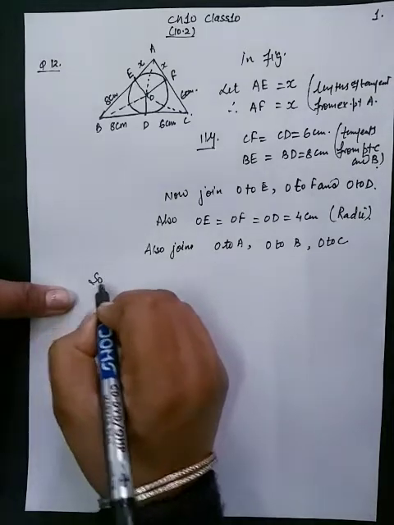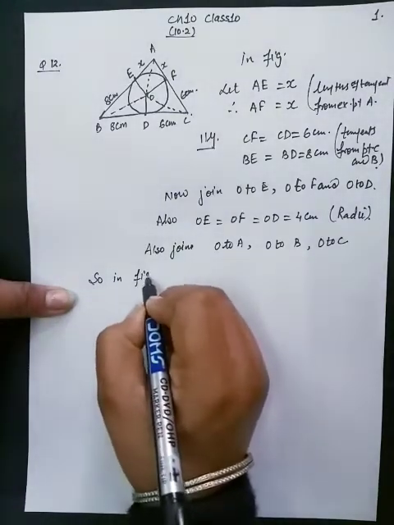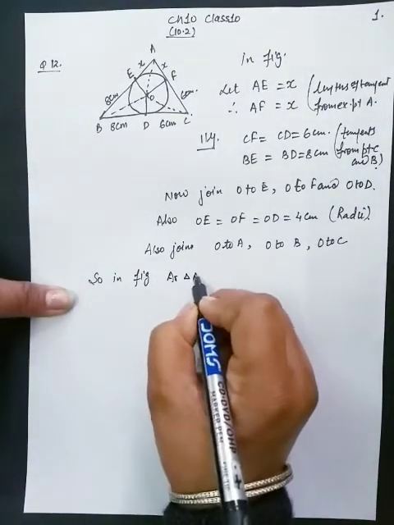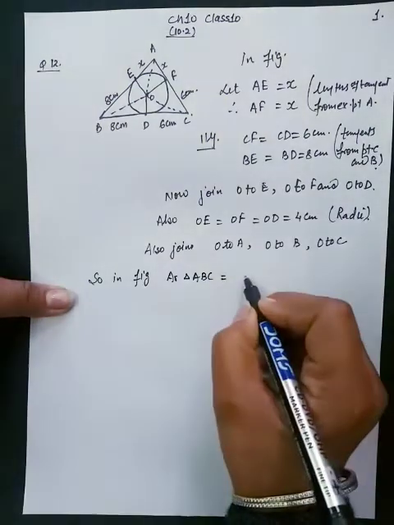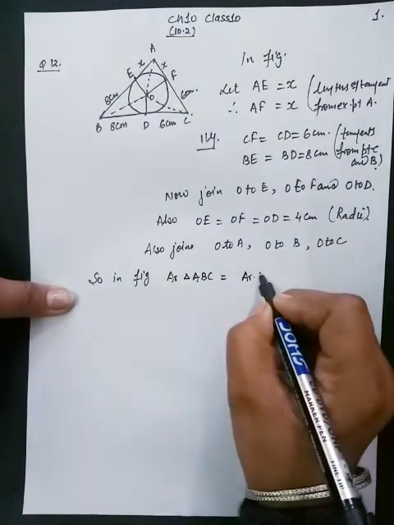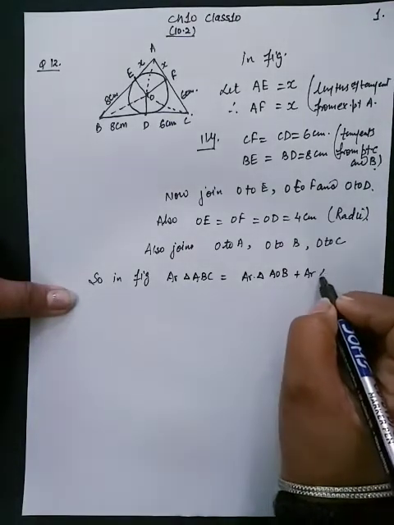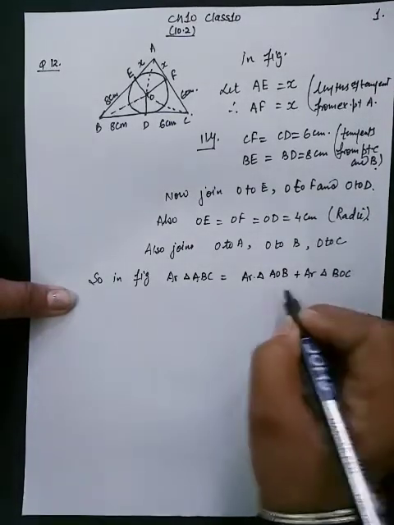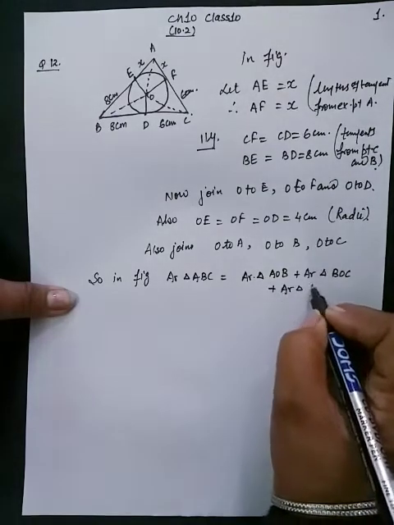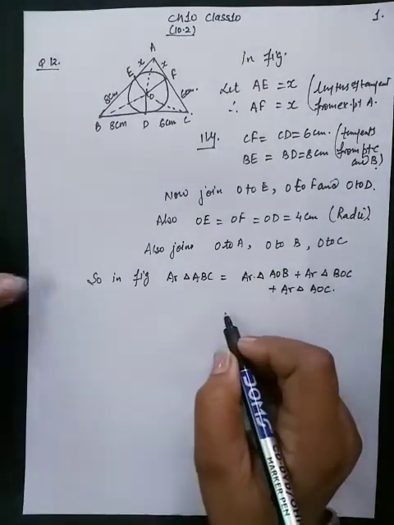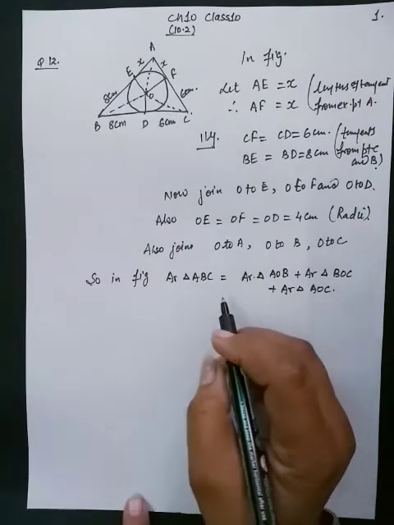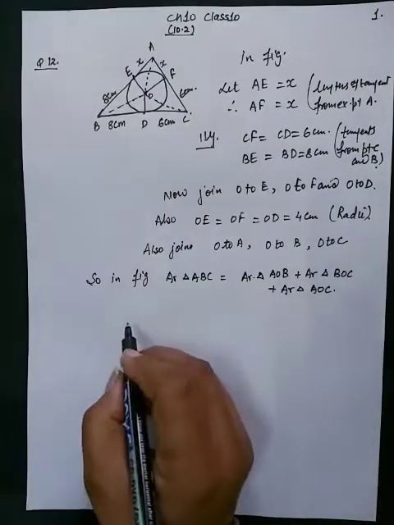So, in the figure, area of triangle ABC is equal to area of triangle AOB plus area of triangle BOC plus area of triangle AOC, because triangle ABC is now split into these three triangles.